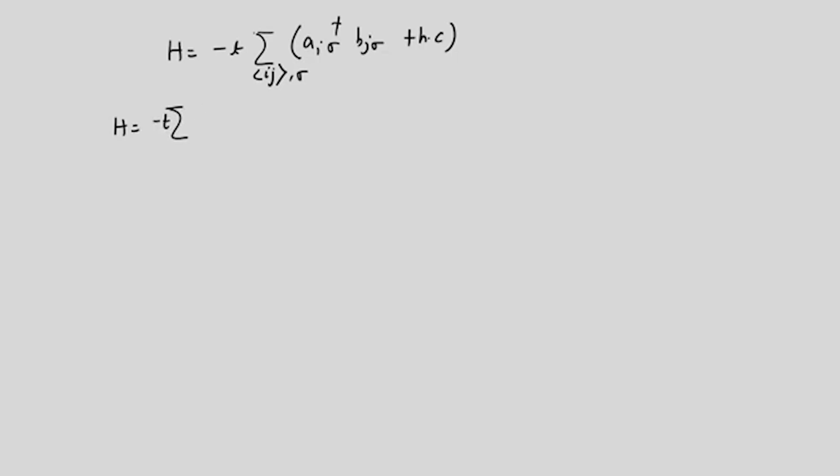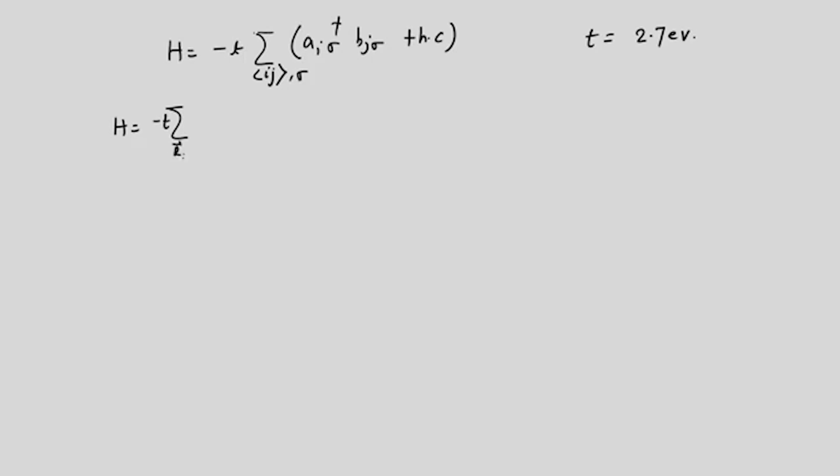And why are we doing a tight binding Hamiltonian? Because this t is of the order of 2.7 electron volt, which is very large, and also each carbon atom has one electron, so the interaction between the electrons is completely neglected.